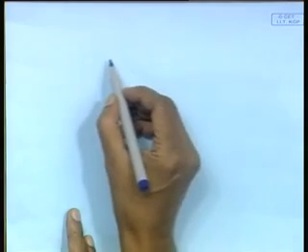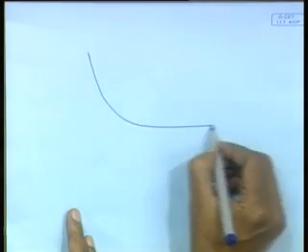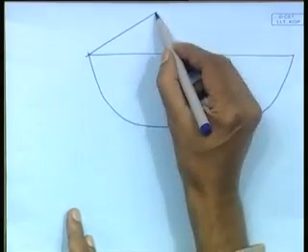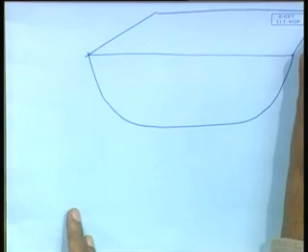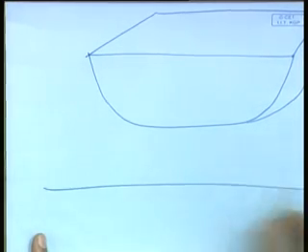Another is, as some of you are planning to go to the yard, you take a look at all these. You will find, suppose a block is being erected, some unit like this, say part of the double bottom. This is your ground level.